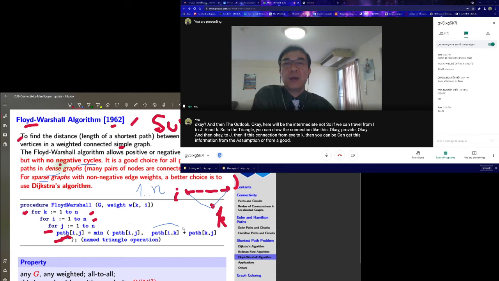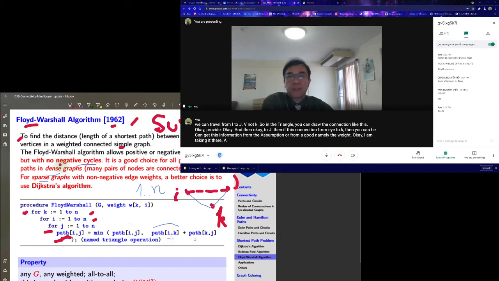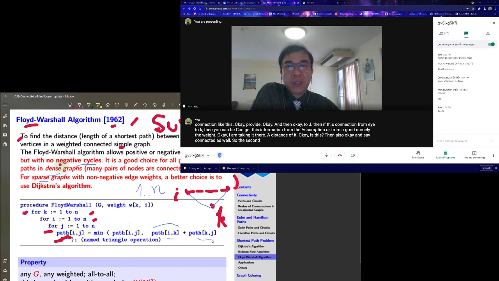I and K connect, so the distance from I to K exists. Then K and J are connected as well, so the second number here also exists.